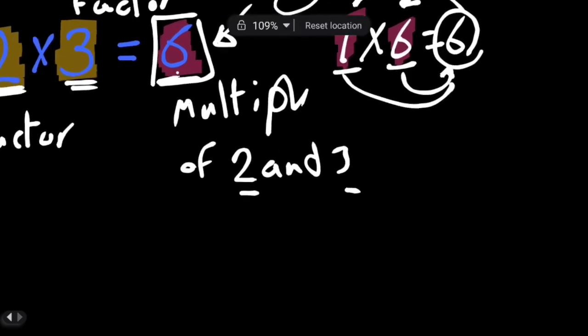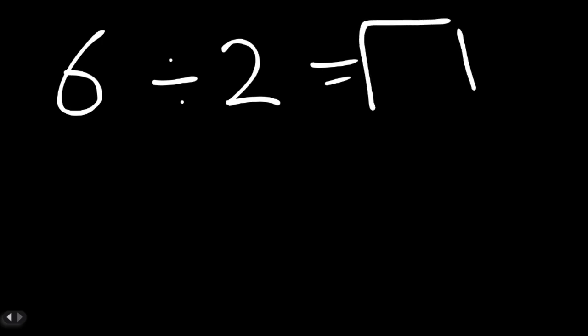But if I asked you to distribute 6 over 2, it's the inverse operation of multiplication. If I have 6 divided by 2, I will ask you a question.